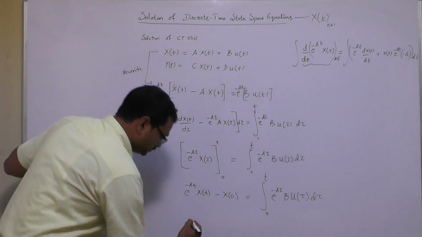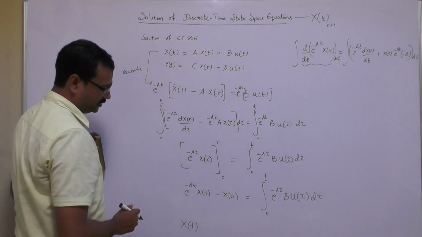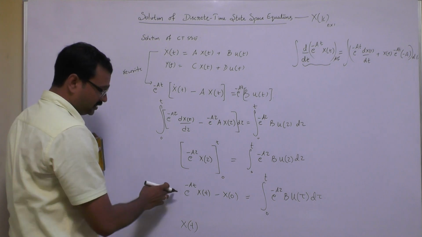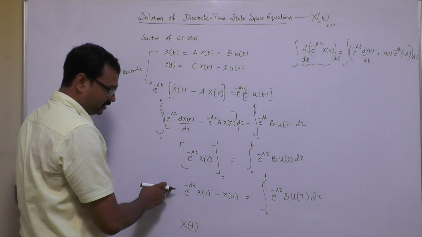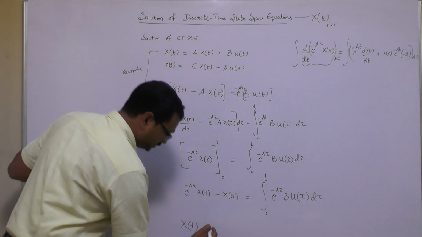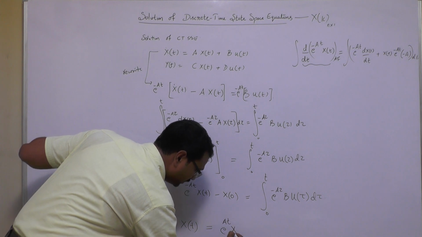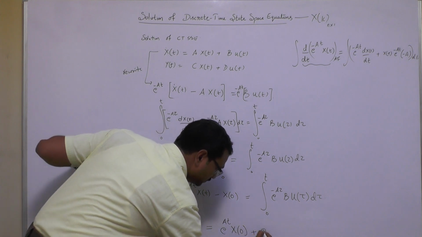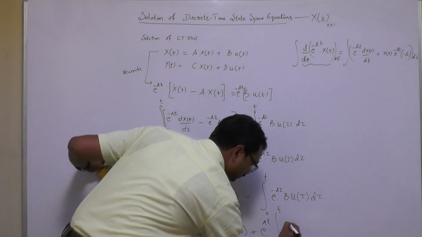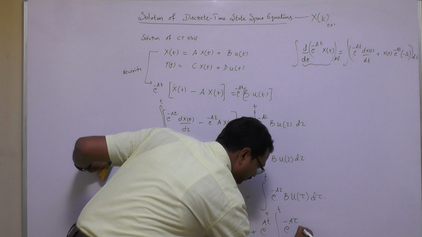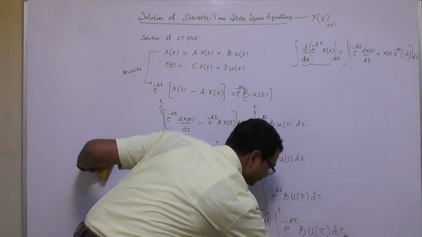So when I take this to the other side, I pre-multiply with e^(At) on both sides, and taking x(0) to the other side, I will have e^(At) x(0) plus e^(At) integral 0 to t of e^(-Aτ) B u(τ) dτ.